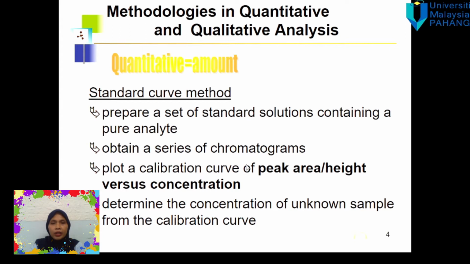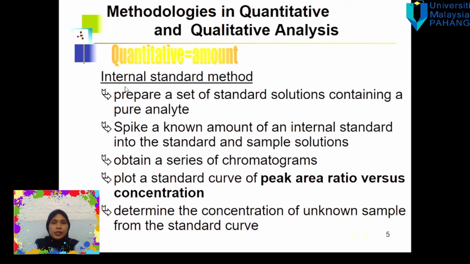Then we plot a calibration curve graph, where the x-axis is the concentration and the y-axis is the peak area, giving a straight line calibration curve. After we run our sample, we get the peak area, and then we directly determine the concentration based on the standard calibration curve.